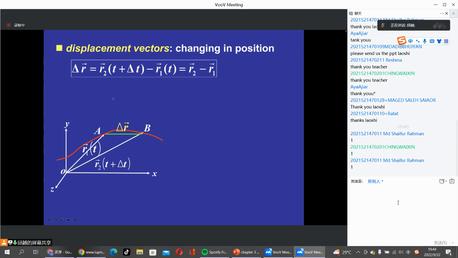So with the vector addition rules, we have delta r equals r2 minus r1, and it equals x2 minus x1 i, and y2 minus y1 j, and z2 minus z1 k.